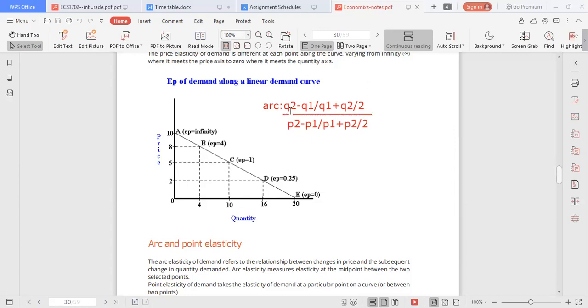That's how you calculate arc elasticity. But the two divisions by 2 are the same, so you can decide to ignore them, just like 2 divided by 2 is equal to 1, it changes nothing. So it can simply be Q2 minus Q1 divided by Q1 plus Q2, divided by P2 minus P1 divided by P1 plus P2.